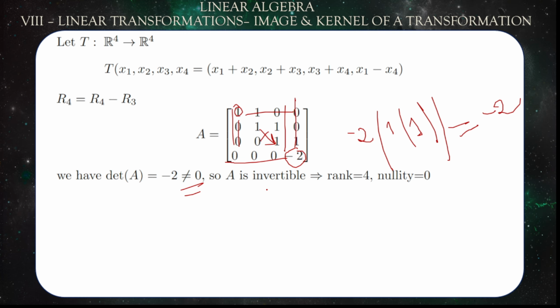So A is invertible, and hence the rank of A is equal to 4, and the nullity is 0.